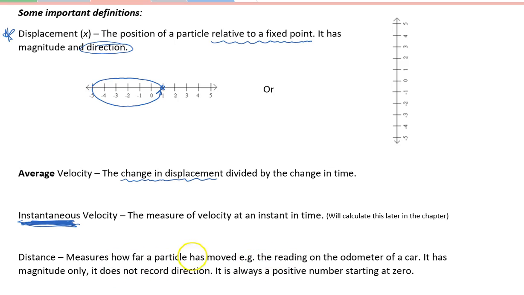For distance, think about the speedo in a car. It doesn't know where you've been or where you end up. It just records how far you've travelled. And it's always a positive number, and we start at 0. We don't talk about a negative distance.